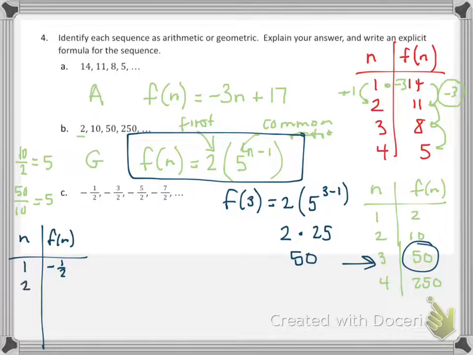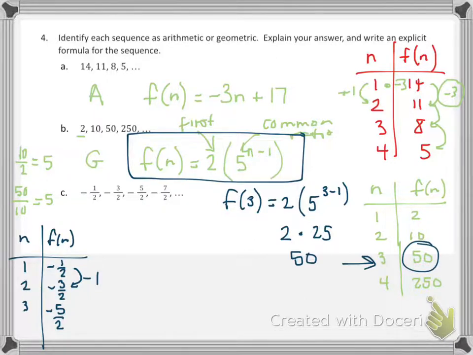The second term is a negative 3/2. The third term is a negative 5/2. So it's changing by negative 2/2, which is a negative 1. So that's going down by a negative 1 every time.